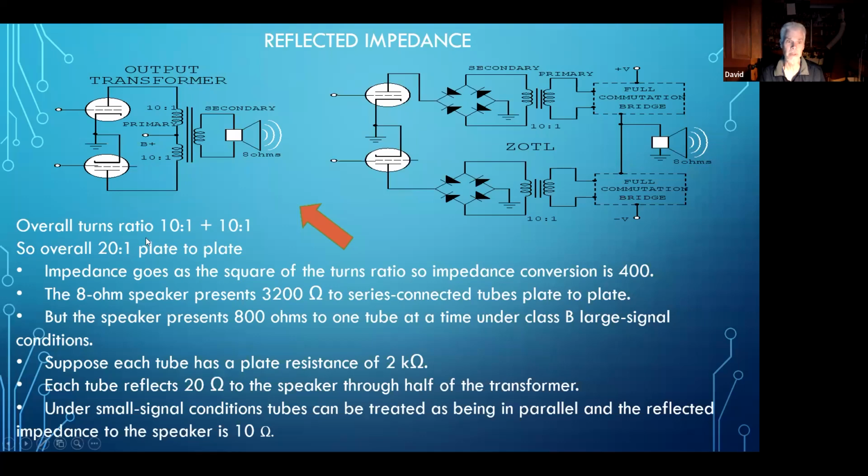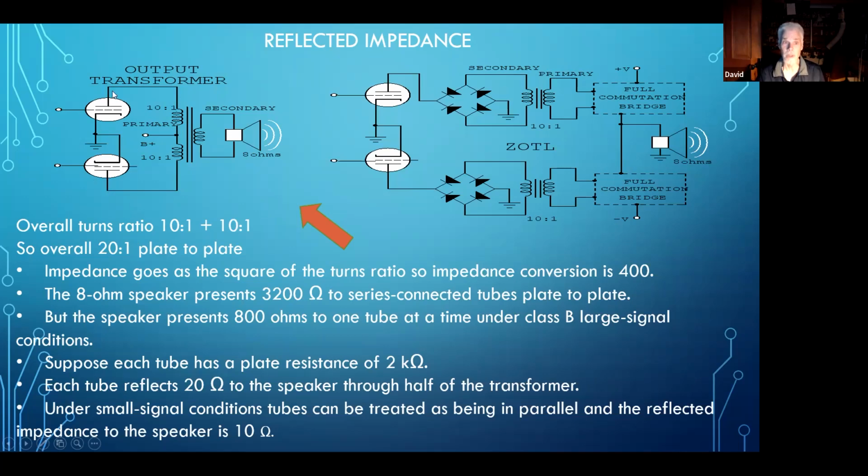So let's look at this case. We have an output transformer wound with a primary to secondary ratio of 10:1 on this coil and 10:1 on this coil. These are in series, and the power is brought in at the center tap.